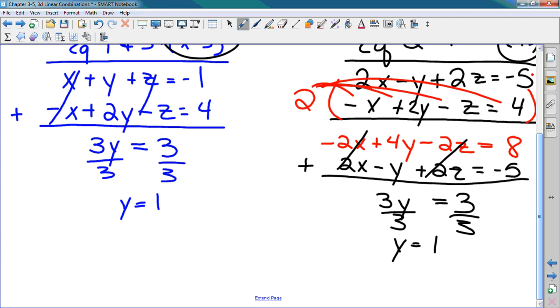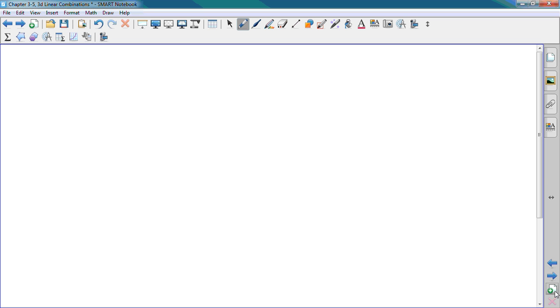I know what y is. How can I find x and z? Do the exact same thing. Plug in your y value for all of your equations. Choose 2 of them and solve for x and z. You understand? And I'll show you. I'm going to do it on another piece of paper beside this one so you can see.